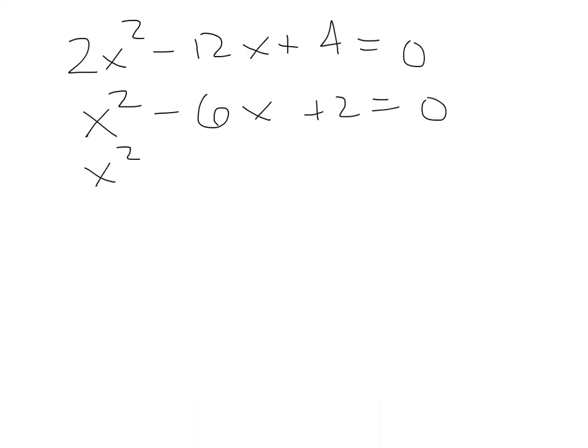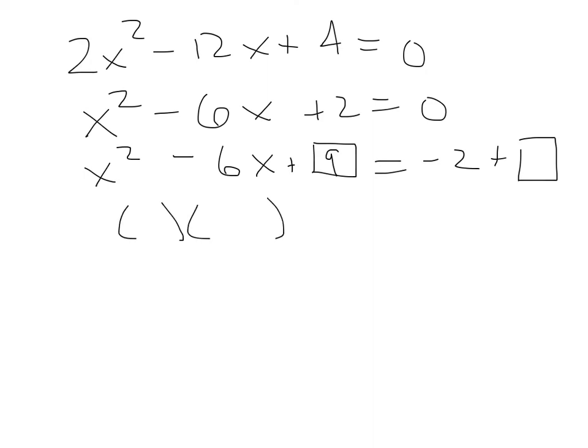Next, you would clear out any constants and create a space for adding a value to each side. We're going to take half of this and multiply it by itself. So half of -6 is -3, squared is 9. This creates what we call a perfect square trinomial on the left. On the right, it creates 7.